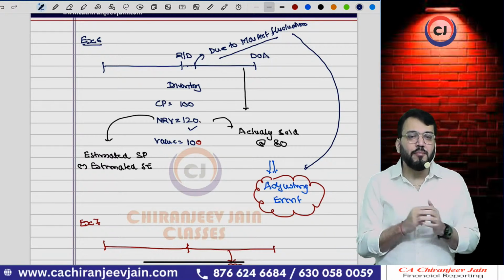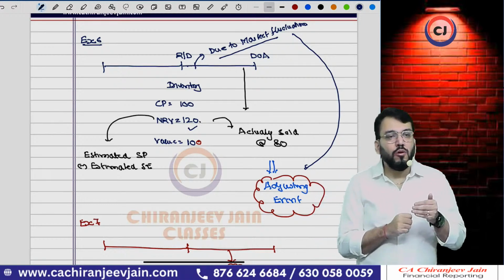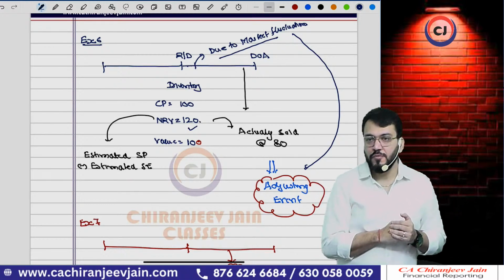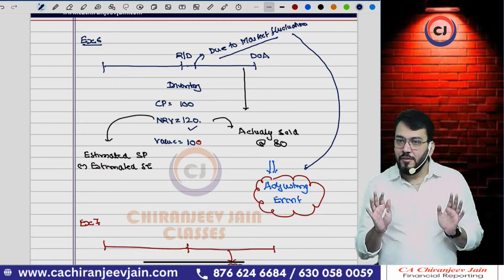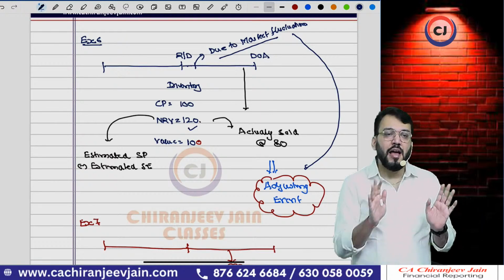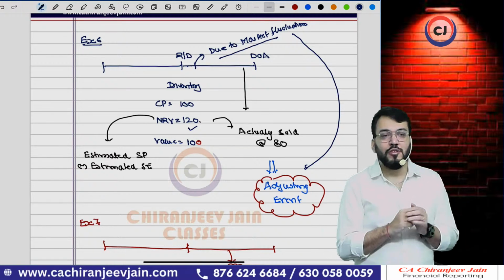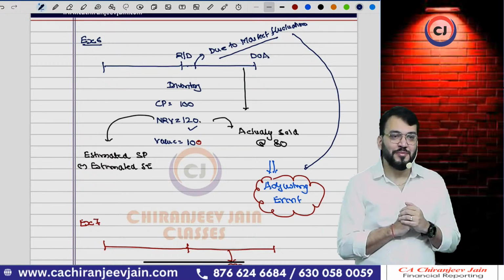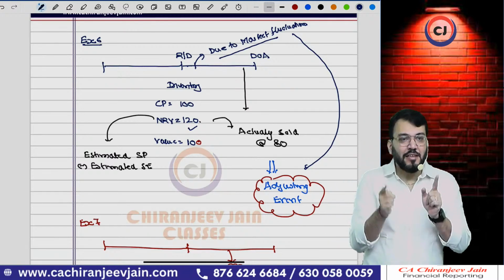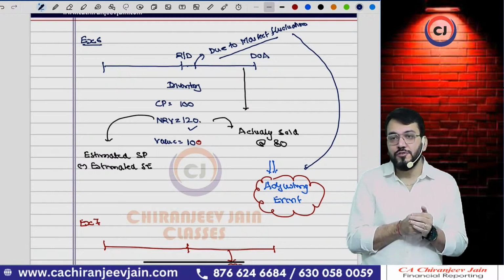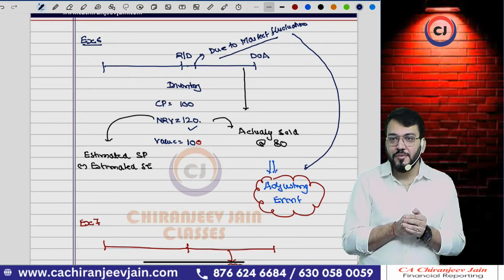For example, let me take my example. When the new scheme of syllabus came for CA Final, I was having a stock of my Ind AS Saaransh book. There was a stock of 500 books, correct? And the scheme was announced 6 months before.